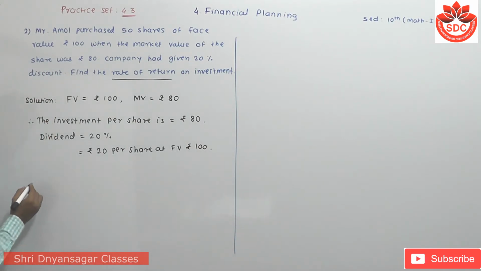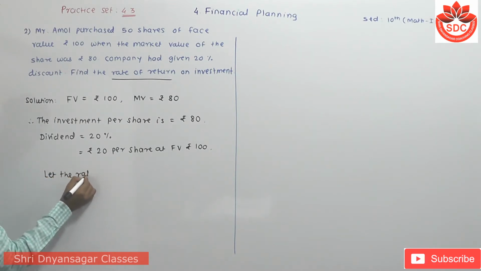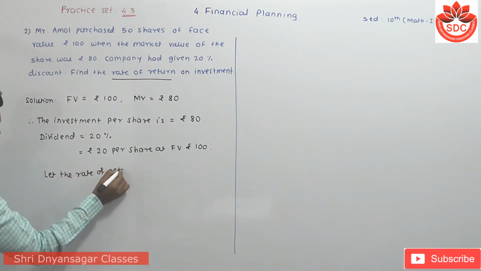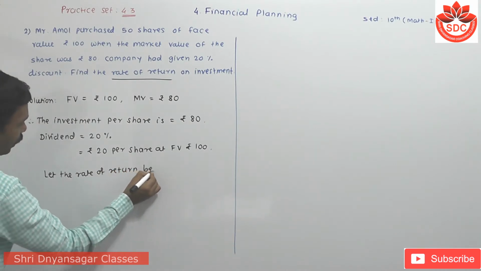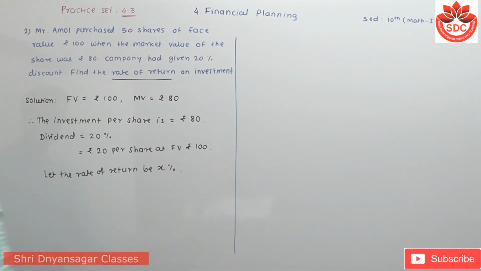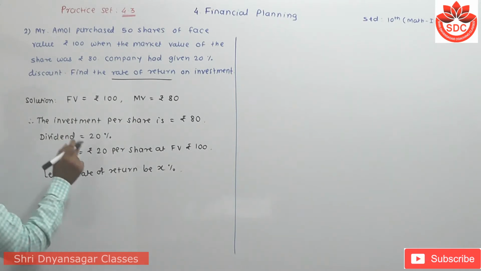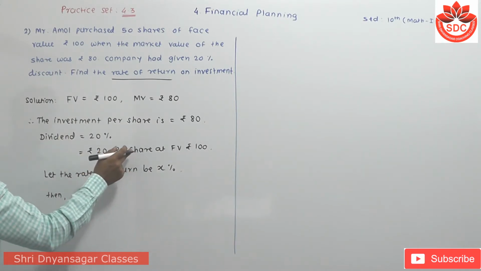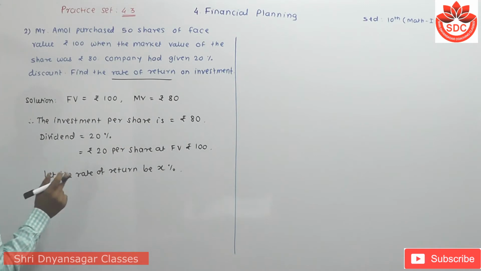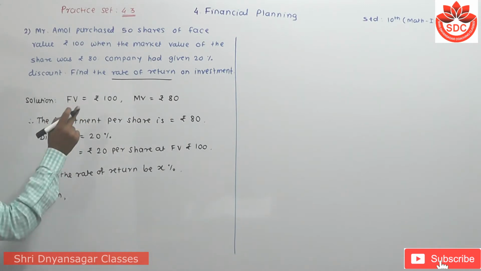let the rate of return be X%. Therefore, this 20 rupees for 100 rupees, so that the ratio is, here is 20 rupees per share of FV 100. At that time market value is how much? 80.